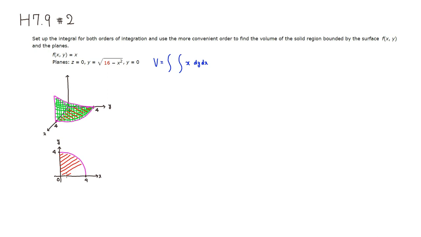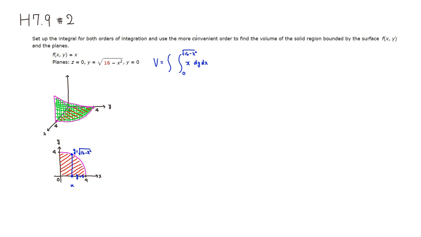What we want to do is first fix the x value. Then you can see that at this point y is equal to 0, and it goes all the way up to this circle. So y equals the square root of 16 minus x squared. So y is going to go from 0 to the square root of 16 minus x squared.